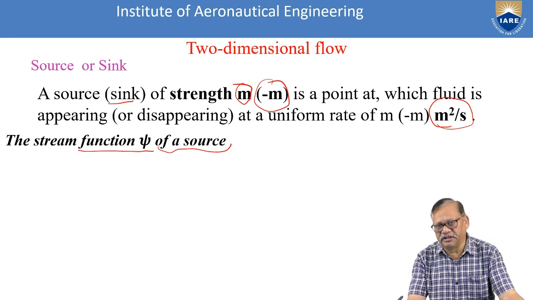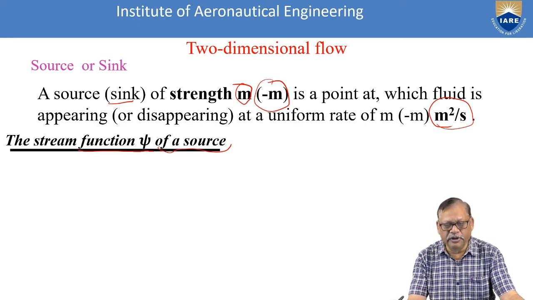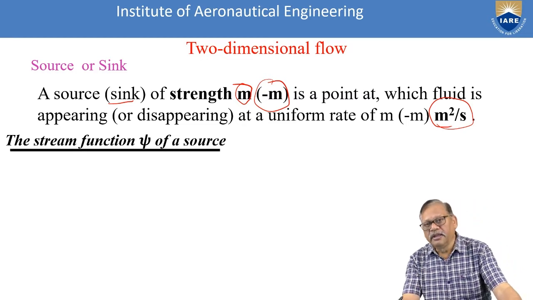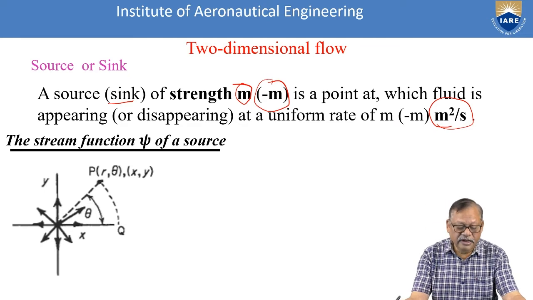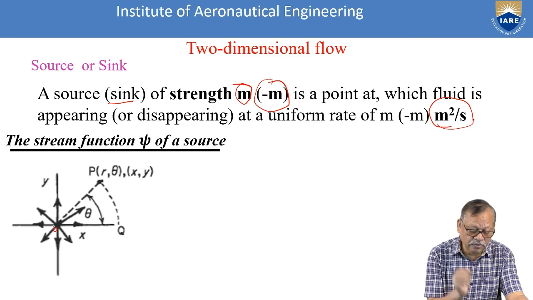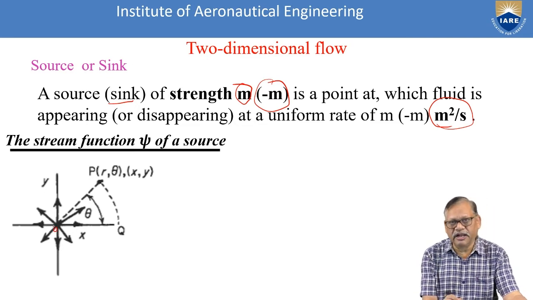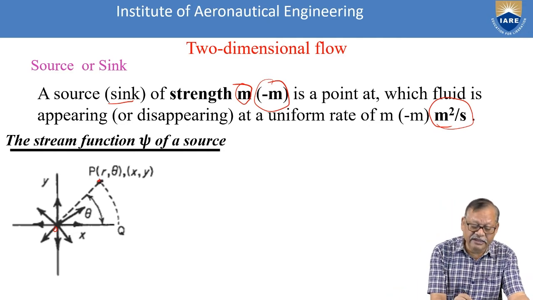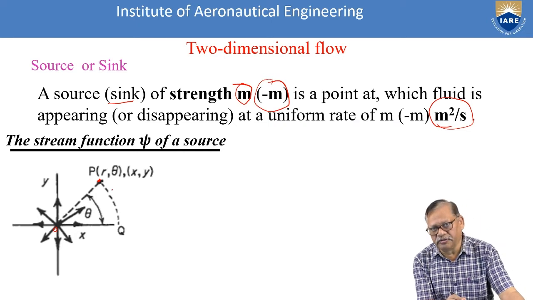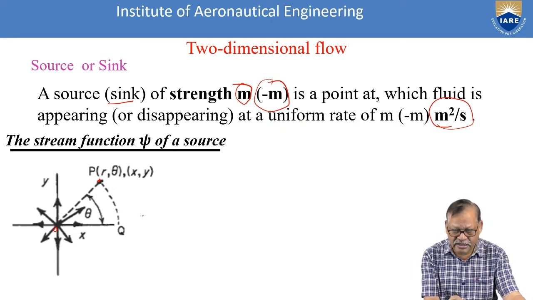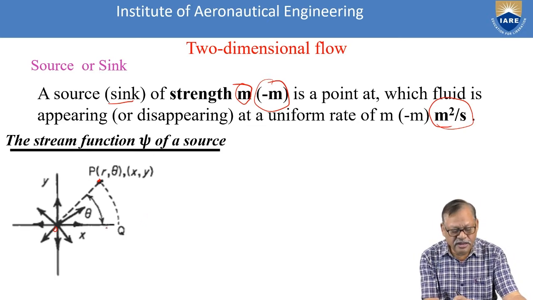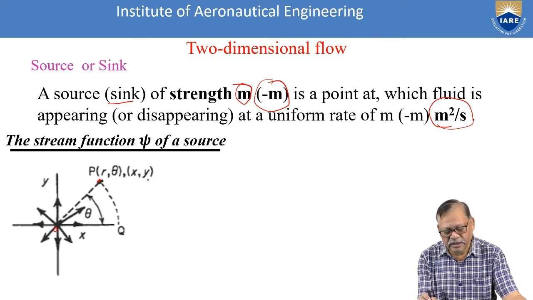We are trying to understand this one. Let us consider a source with the origin O. Let us consider a point P somewhere else, and I have given that point in both coordinate systems: r and theta in the polar coordinate system, or x and y in the Cartesian coordinate system.